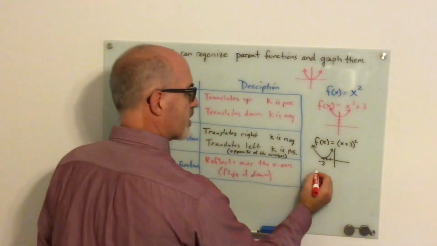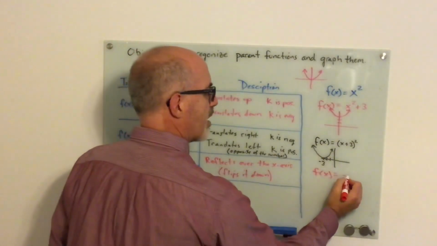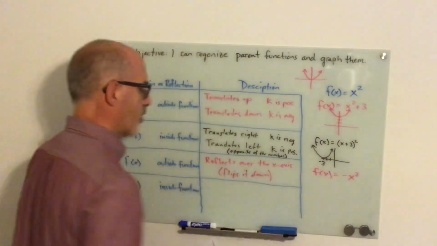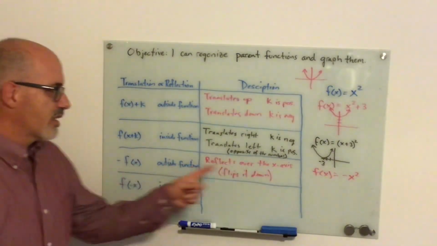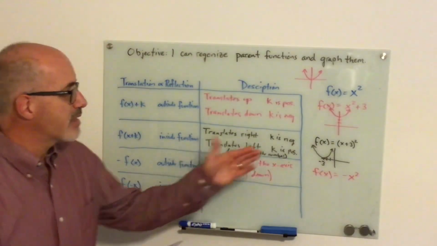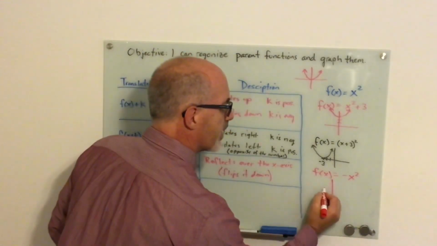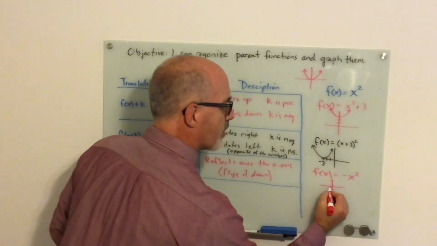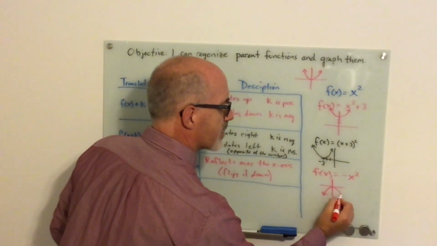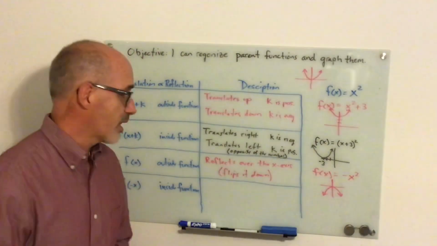For instance, if we had f of x equals the opposite of x squared, notice it's outside of the function, it's not inside with the parentheses. What that would do is take this graph and flip it over the x-axis and make it go down like that instead. So that's an example of what that one would look like.